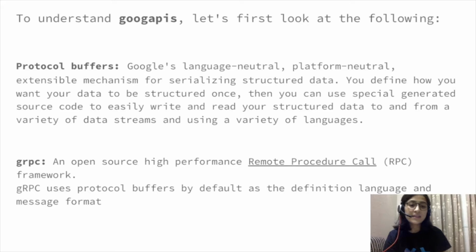Hence we are looking at these libraries and frameworks, and that's also because the entire code base of Tremor is written in Rust and we needed the implementation of the Google APIs in Rust. So now let's look at gRPC. gRPC is nothing but an open source remote procedure call framework, and it uses protocol buffers by default as the definition language and message format.